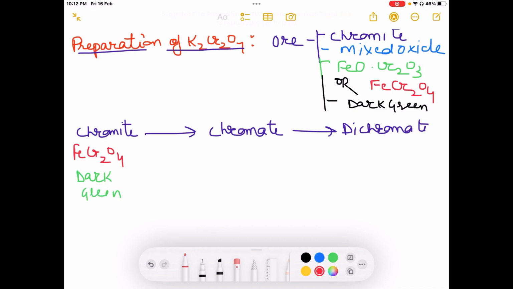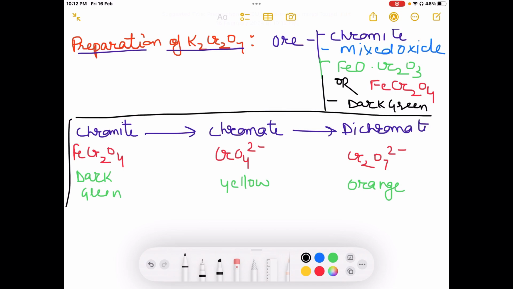It changes to chromate in the presence of alkali and air, which is CrO4 2-, and its color is yellow. This chromate changes into a dichromate. Its formula is Cr2O7 2-, and its color is orange. On acidification, chromate changes into dichromate.